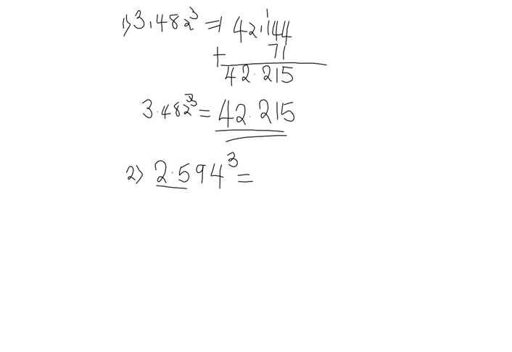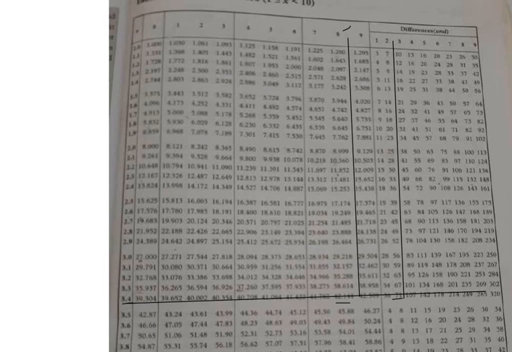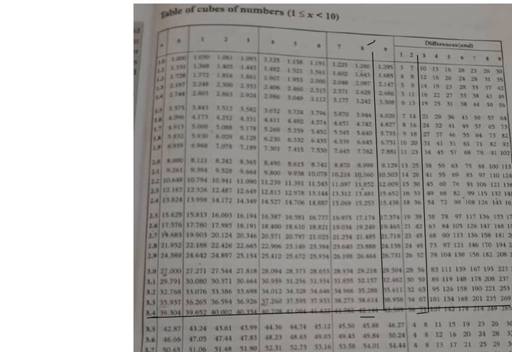So we go to the column labeled X. We move downwards to get the row with 2.5, because 2.5 is our first two digits. So we have 2.5, that marks our row. We can draw a line on that row.